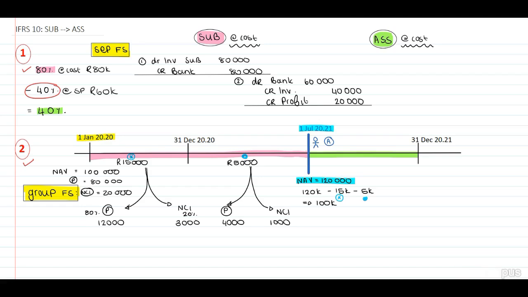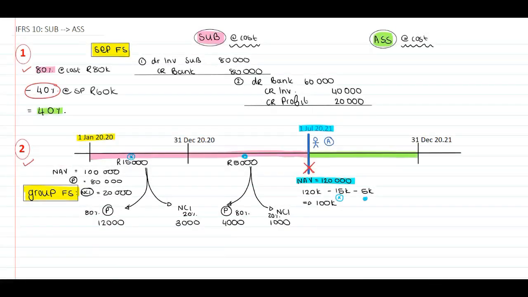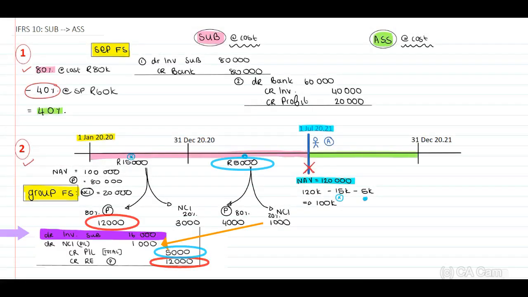Of the current year's profit, 80% to our parent and 20% to our NCI. Now, very important to remember, at this point of time, 1 July 2021, no consolidation occurred yet. We will have to debit our investment in subsidiary with the 16,000, 12,000 plus 4,000.